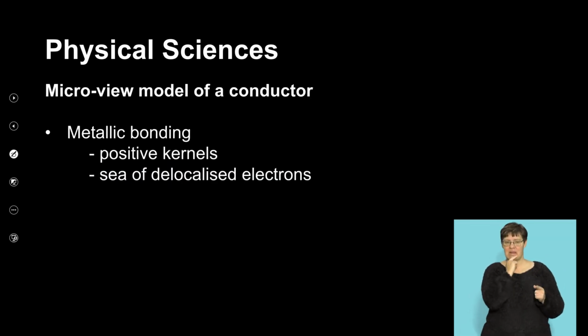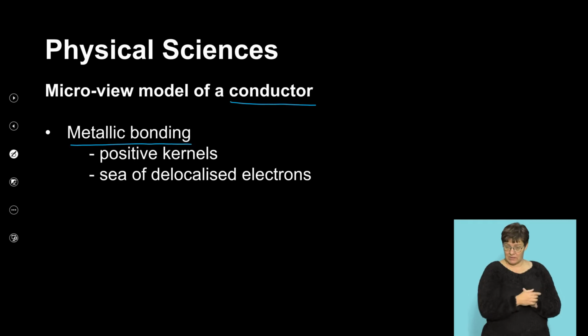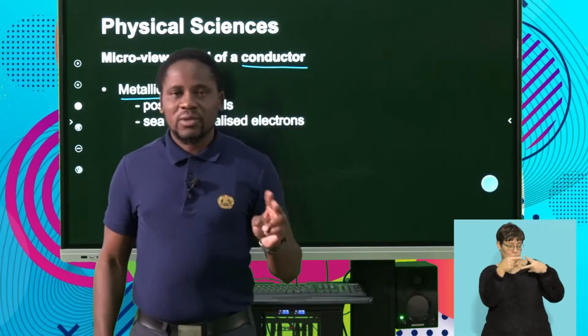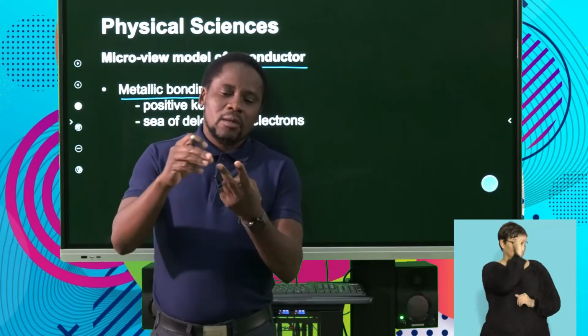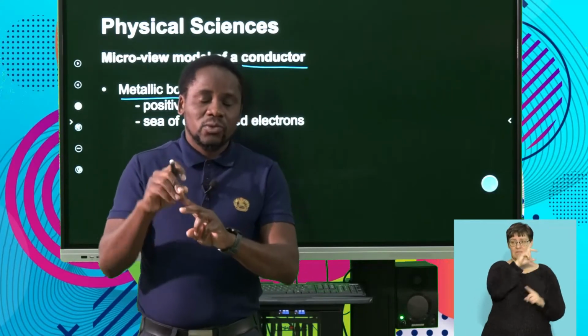Right. Okay. Now let's look at the micro view model of a conductor. So we are saying that a metal, which is a good conductor, is composed of metallic bonds, right? In a metallic bond, there are two very important things that we need to remember: the positive kernels as well as the sea of delocalized electrons, which are negative.